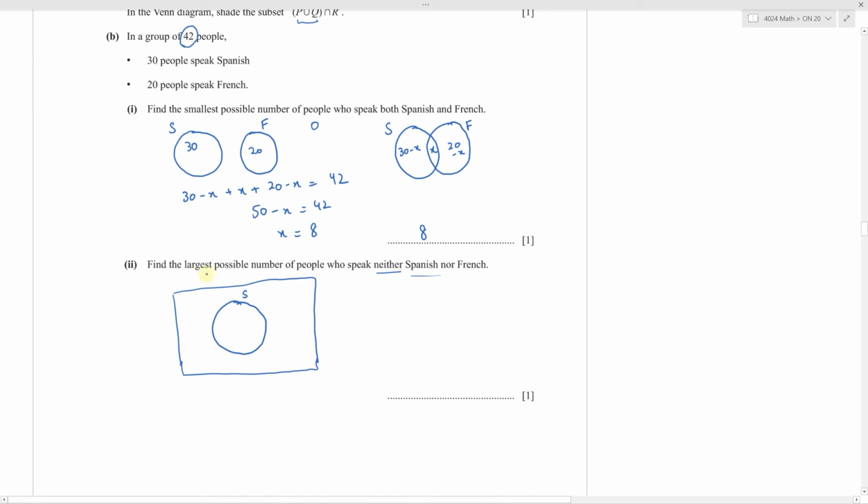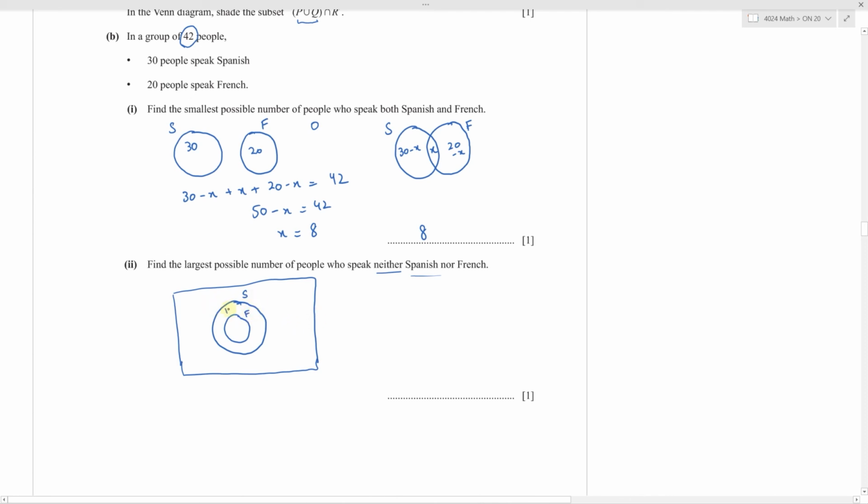So the largest number of people who speak neither Spanish nor French would be outside of both Spanish and French, and you can maximize the number outside if one set is a subset of the other. So if French is like this, then you have the maximum number of people outside.